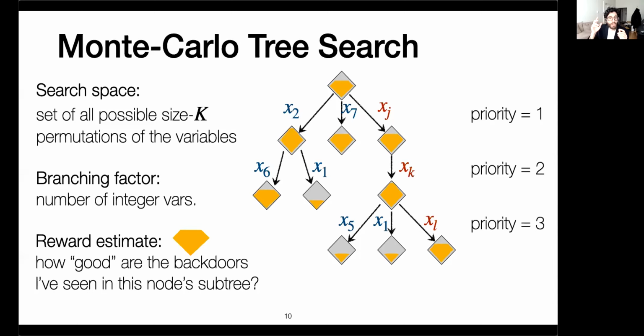The Monte Carlo simulation part comes from not expanding this tree fully, so not going to depth k every time, but rather you might go to depth 2. For example, you might go down the path from the root, pick x2 and x6. Let's say k is 5. Rather than building a path by adding 3 more variables, you might just sample a few sets of 3 variables, add them to the set x2, x6, run the solver on that and get some reward.